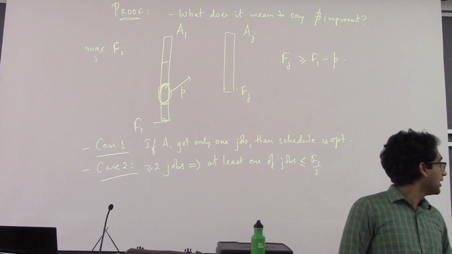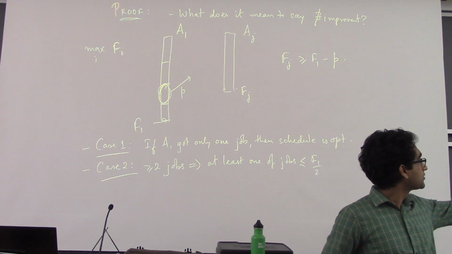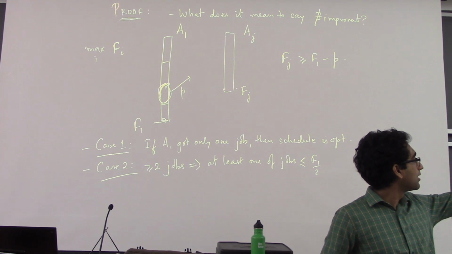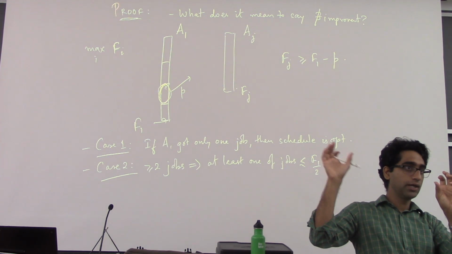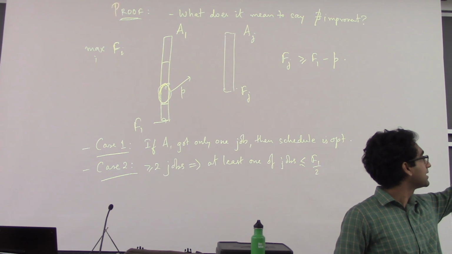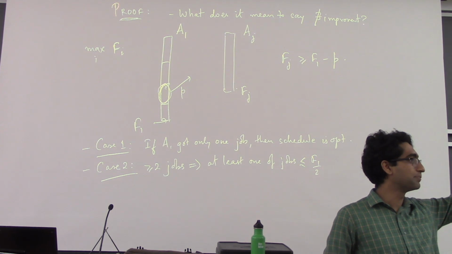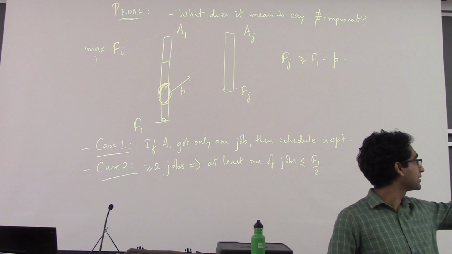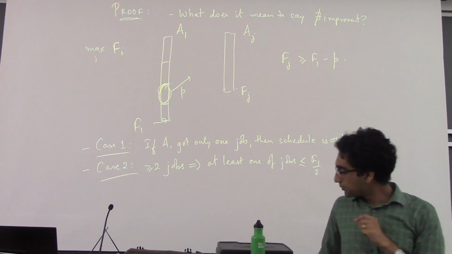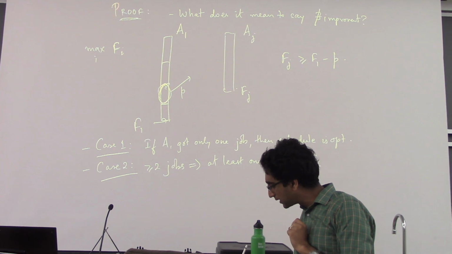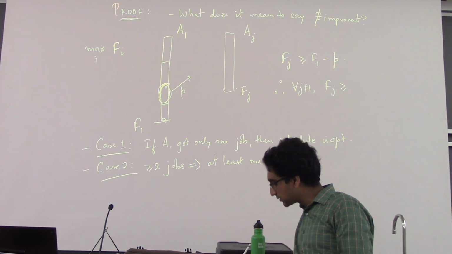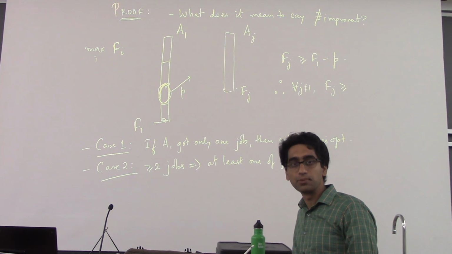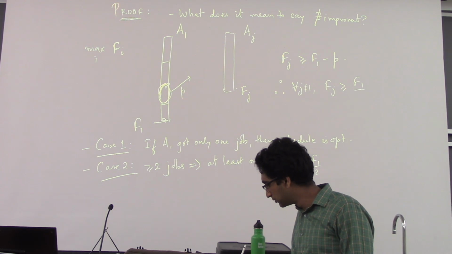And this is nice. I can try to move this job to some other machine, and if that's not possible, I get that Fj is bigger than F1 minus P, and I know P is smaller than or equal to F1 by 2. So these two observations tell you that for all j not equal to 1, Fj is bigger than or equal to F1 by 2.